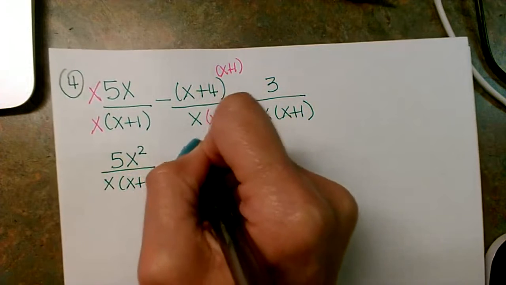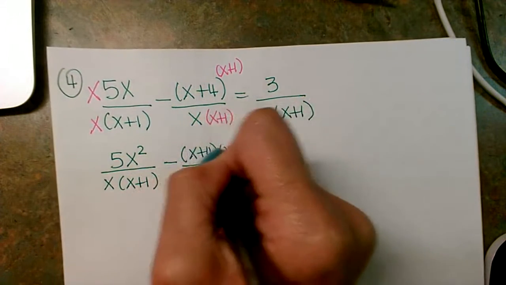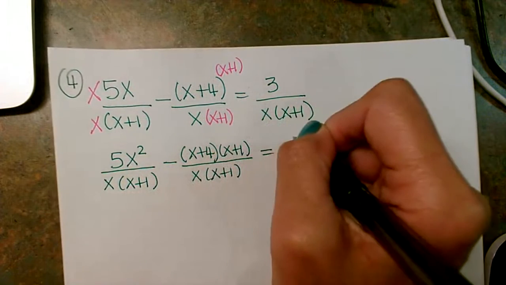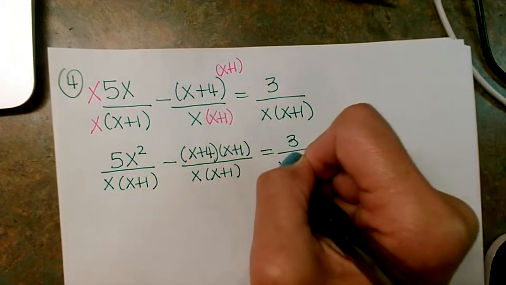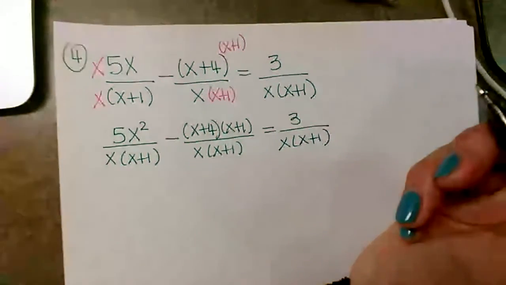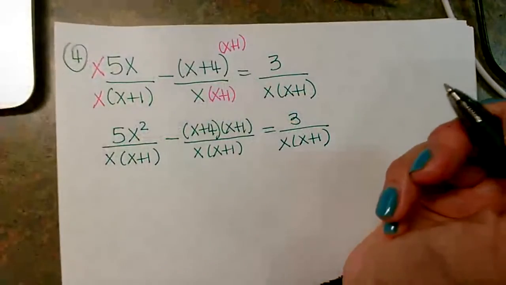On this one, I have x plus 4 times x plus 1. Right? So I'm only going to use the numerators.